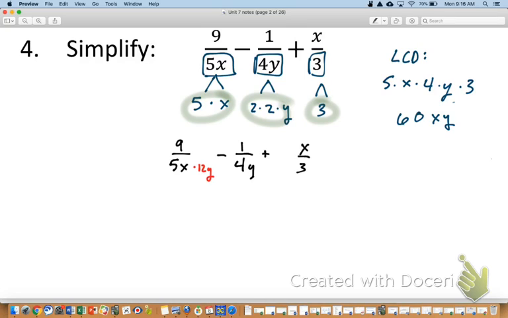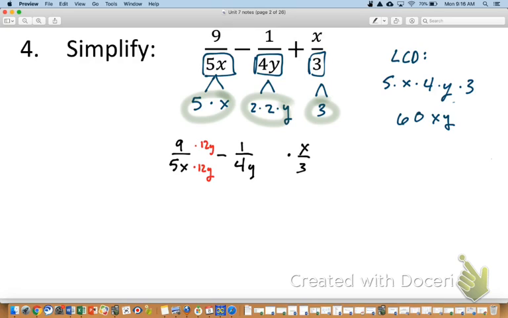And with a fraction, whatever you multiply the denominator by, the numerator gets multiplied by the same thing, right? Because we're going to multiply by that smart 1. Now the next one, 4y. How do I turn a 4y into a 60xy? 4 times what is 60?